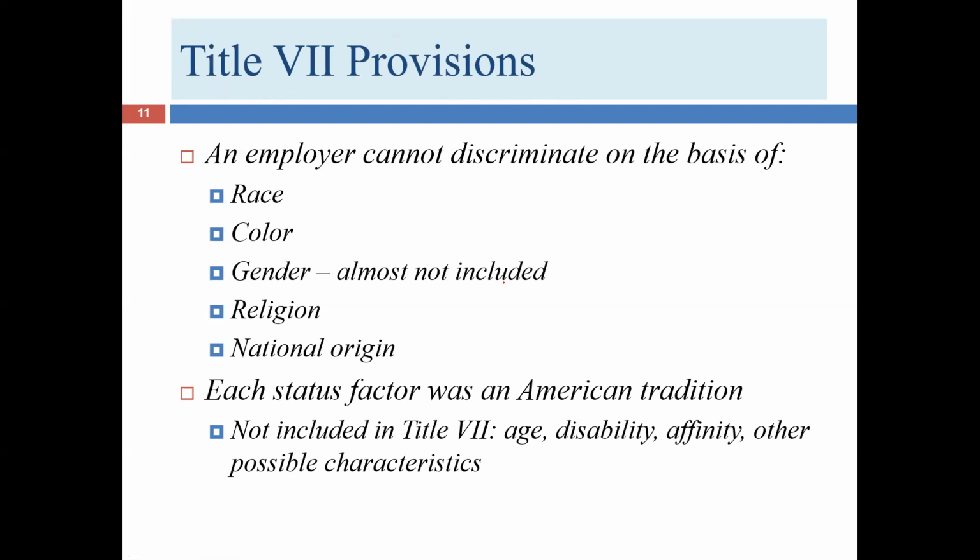Many people think that the reason the Southern senator wanted to put gender in is that he wanted to show the ridiculousness of this law, because everyone would agree that gender discrimination is a ridiculous idea, and that would make the point that the racial discrimination protections were equally ridiculous.